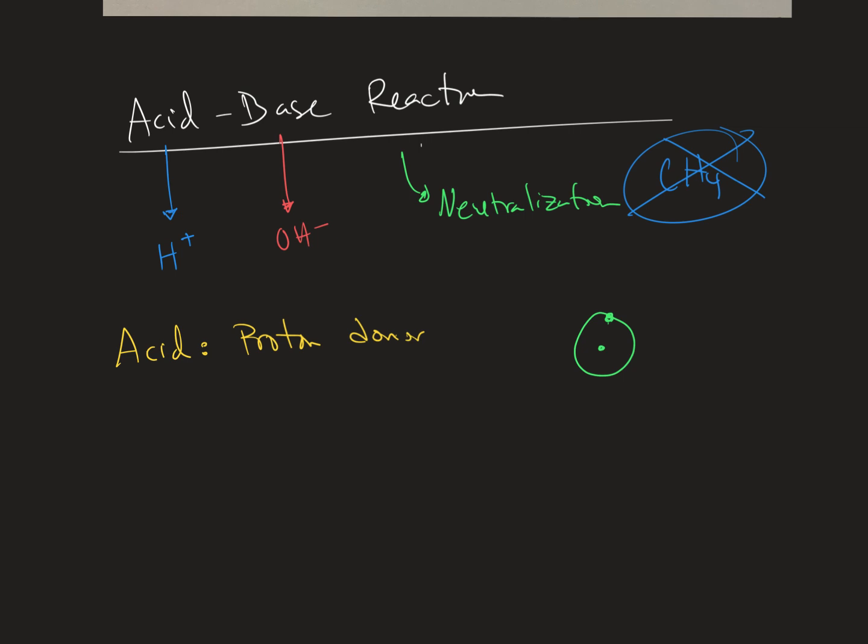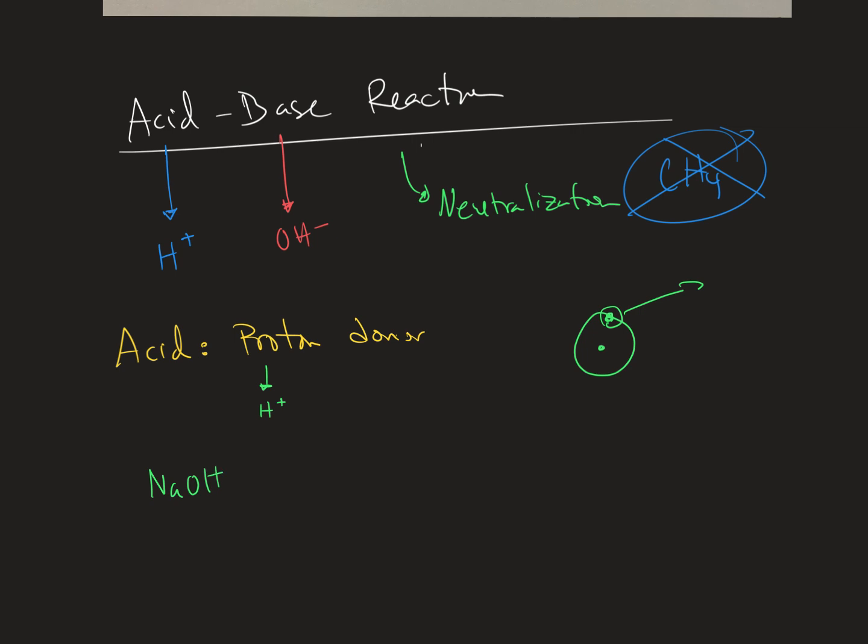But okay, so if hydrogen loses its only electron, what is it now? A proton. So the hydrogen ion is a proton. So we call it a proton donor. This proton is just a hydrogen ion, and that means it has hydrogen ions to donate.